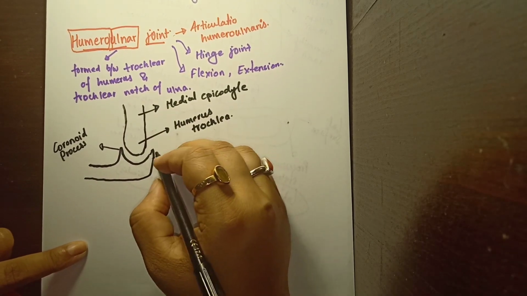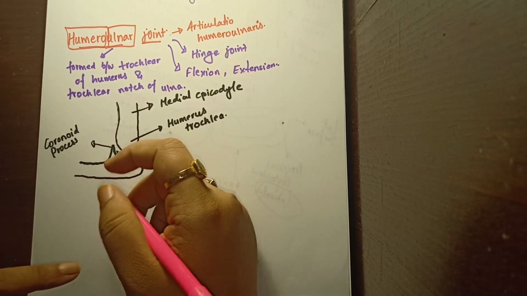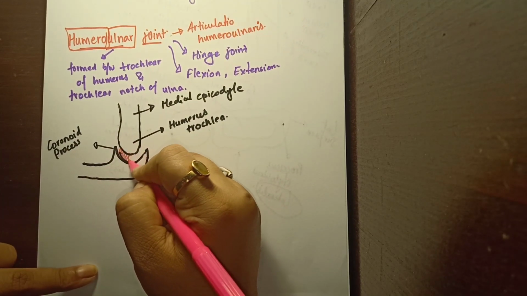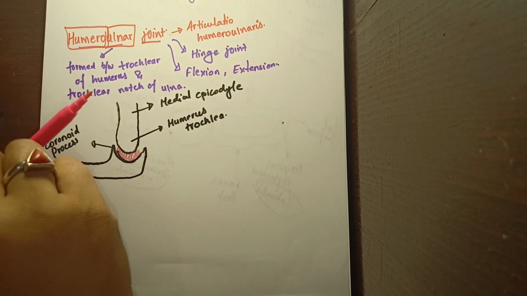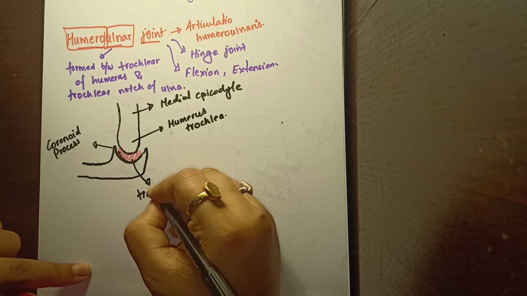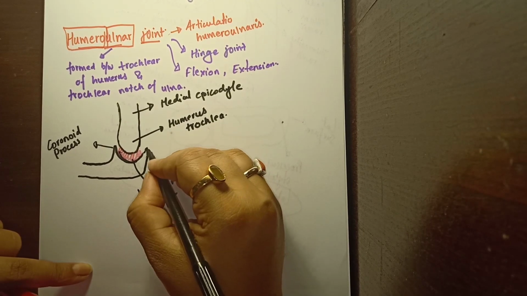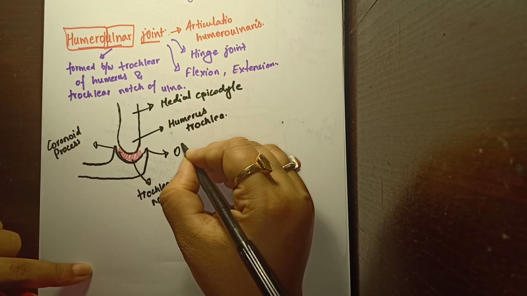Okay, and this is a U-shaped notch, it is known as the trochlear notch, and here we have the olecranon.